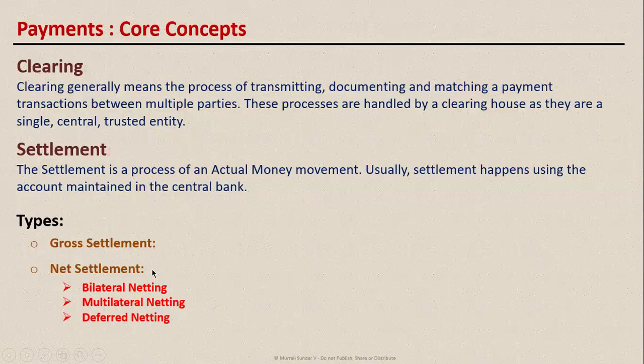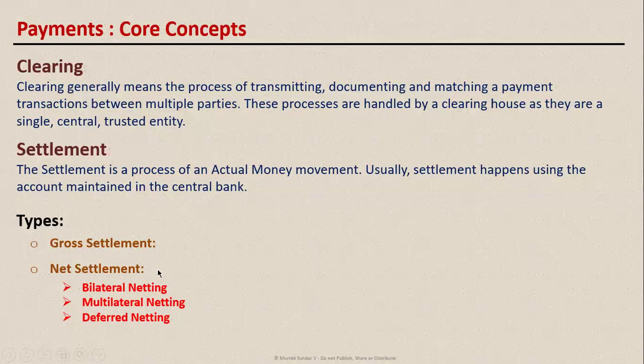Whereas in net settlement, in the same case, we will do only the difference. For example, I am supposed to send 1,000 rupees to Shipra, and she has to send 800 rupees back to me. So finally, if I send 200 rupees to Shipra, then it is settled, right? So it is tallied. That's what net settlement will do.